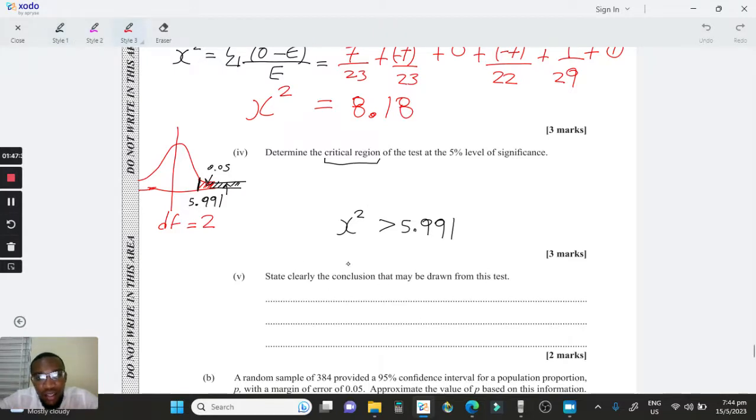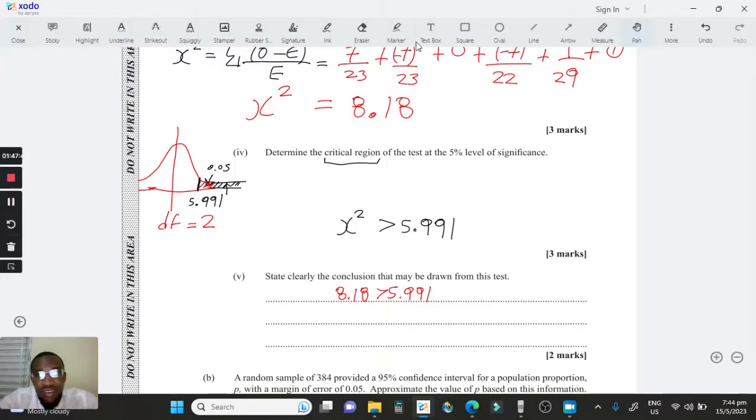Now what can we conclude? State clearly the conclusion that may be drawn. Because we realize that our 8.18 is greater than 5.991, our test statistic lies within the critical region.